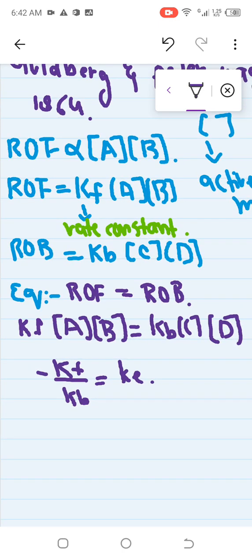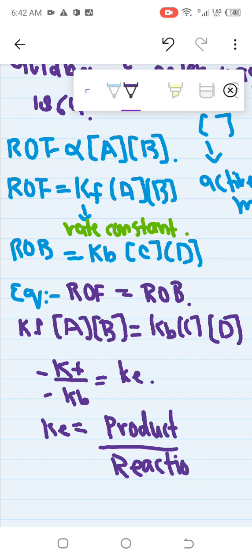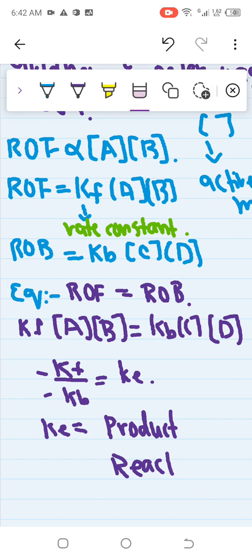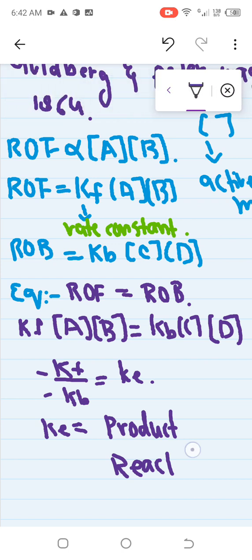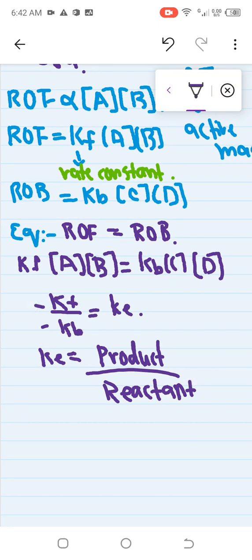This is the forward reaction, backward reaction, this is equilibrium. So Ke will be equal to product upon reactant. First the product will come, not the reactant.